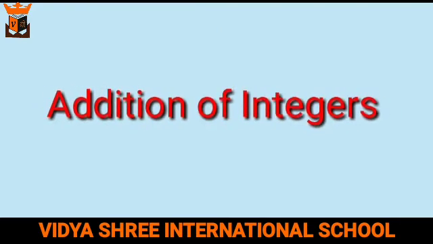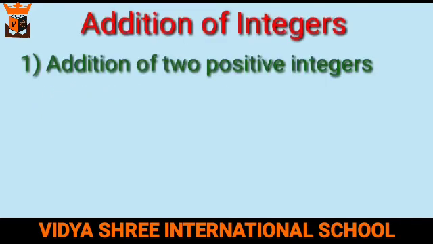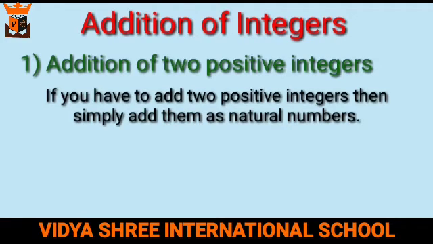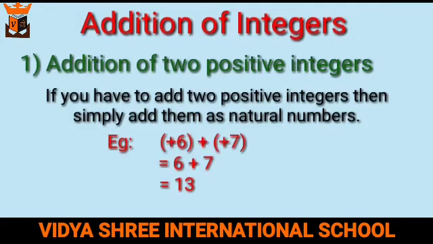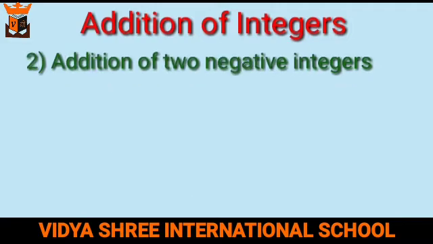Addition of integers. In the first case, let us add 2 positive integers. If we have to add 2 positive integers, then simply add them as natural numbers. For example, 6 plus 7 is equal to 13. In the second case, let us add 2 negative integers.